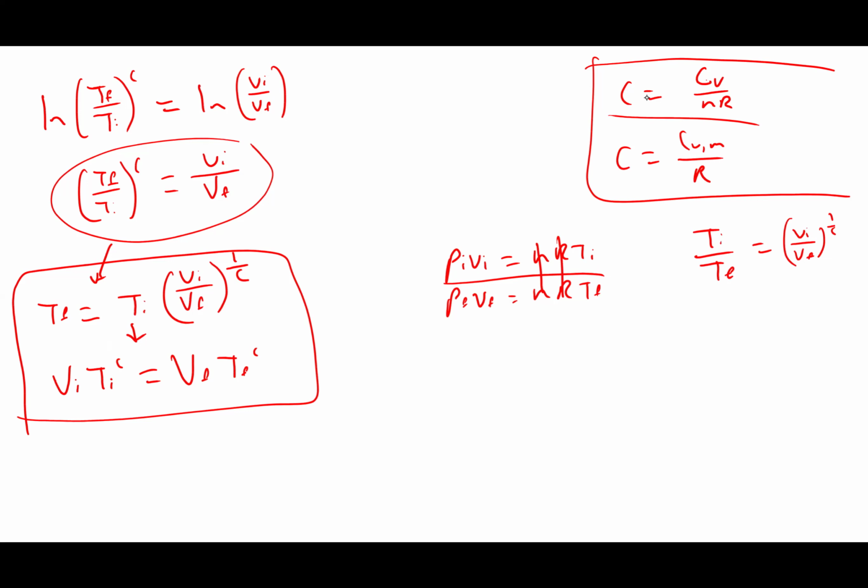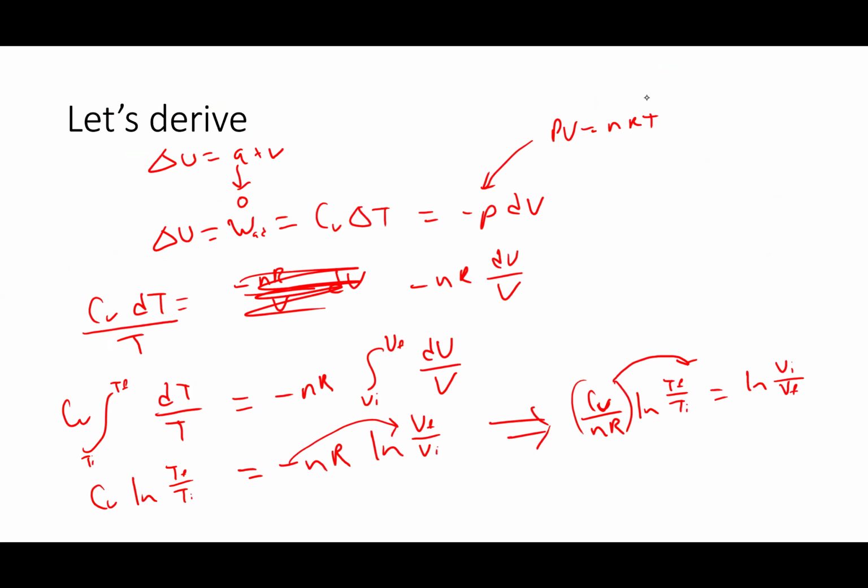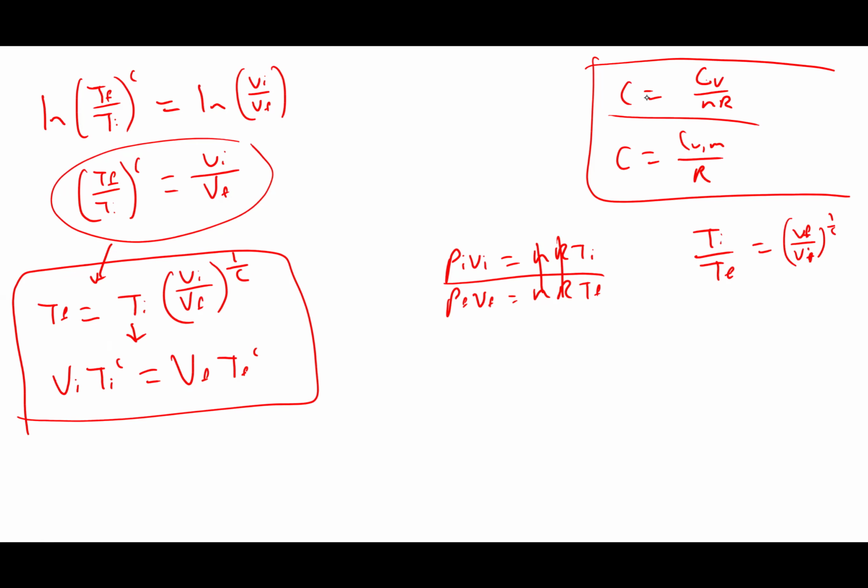If we put the negative inside here, we can flip the fraction. We take this result relating TI and TF, where we can plug all of this in for TF.